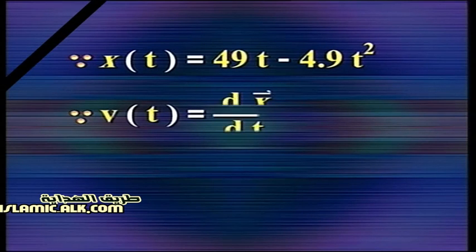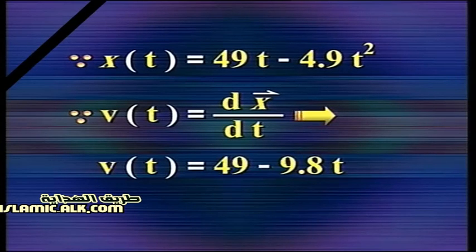The equation: x(t) equals 49t minus 4.9t squared. This is the position x with respect to time t. Since v(t) equals dx over dt, then by using differentiation with respect to time t, v(t) equals 49 minus 9.8t.